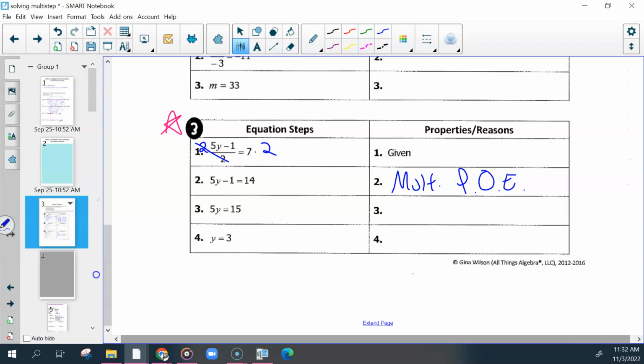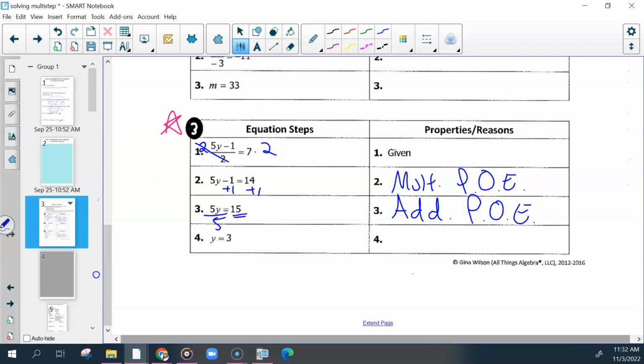From step 2 to step 3. We added what? 1 to both sides. And then step 3 to step 4. Go ahead, Christian. Division again.